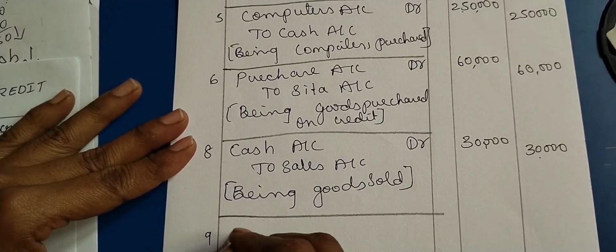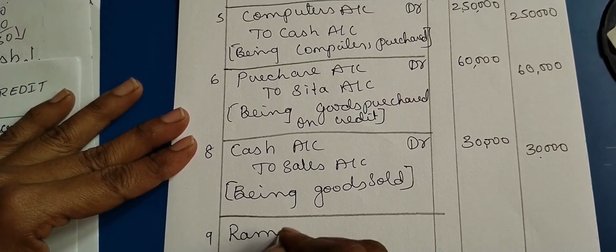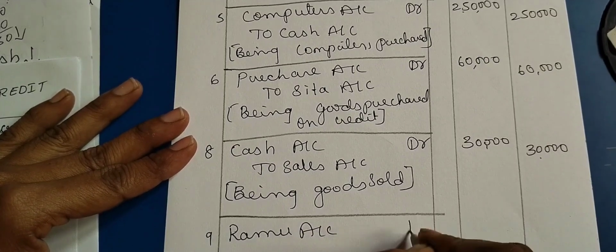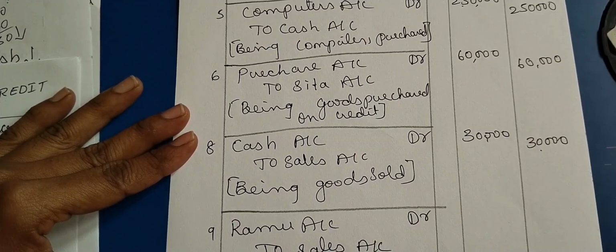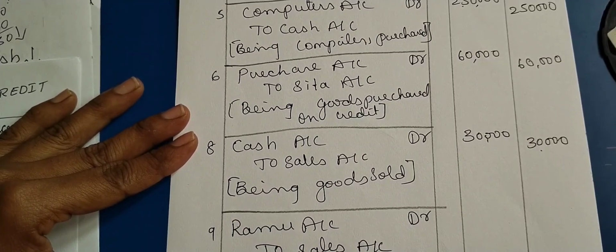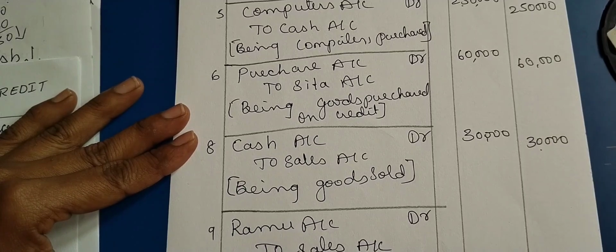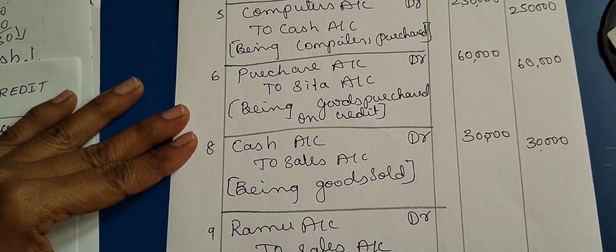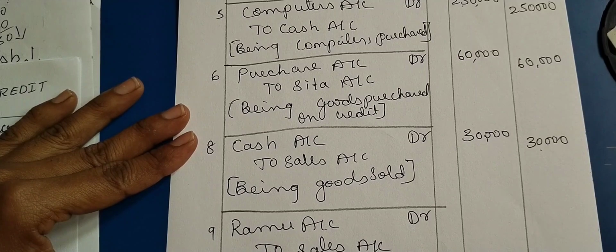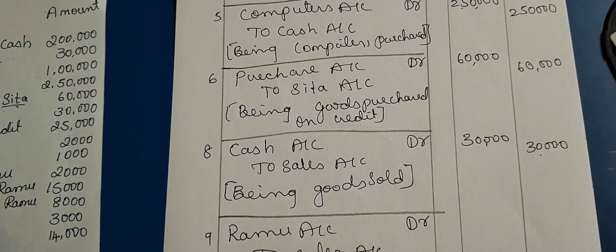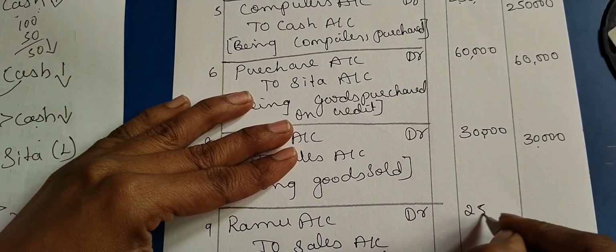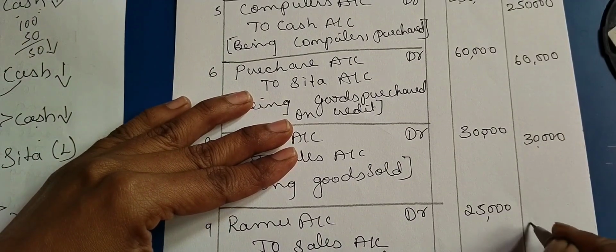On 9th, Ramu account debtor to sales account. Being goods sold to Ramu. Amount is 25,000.